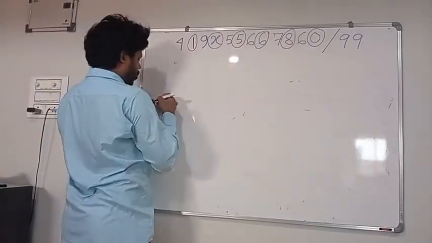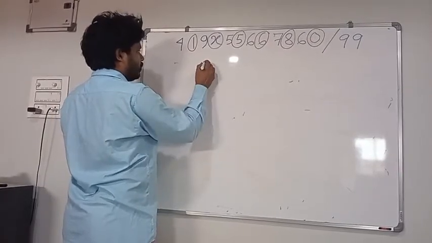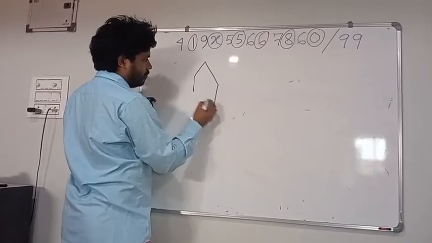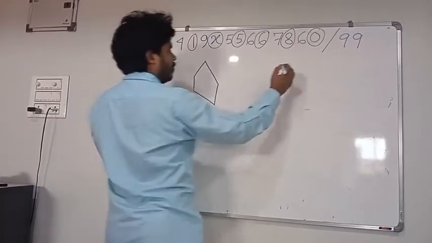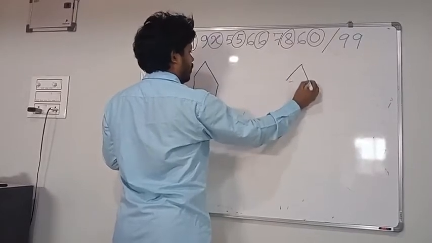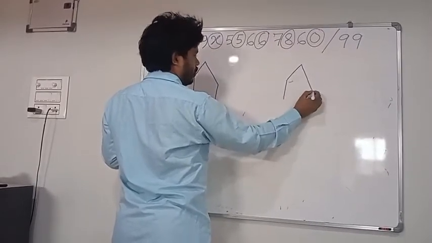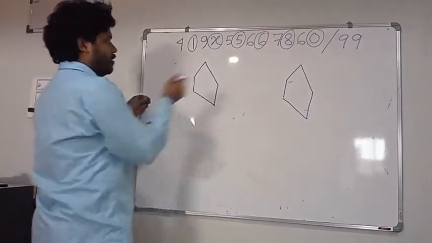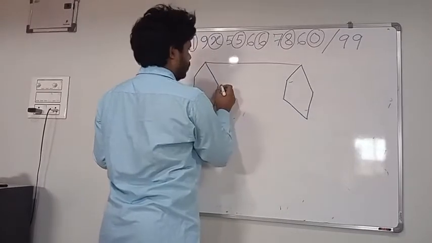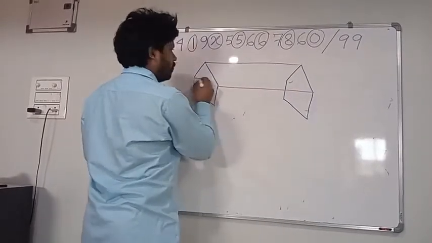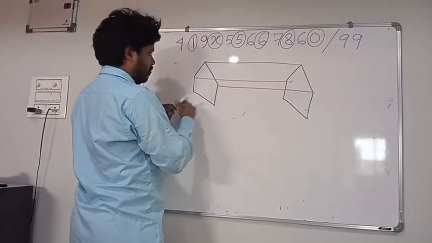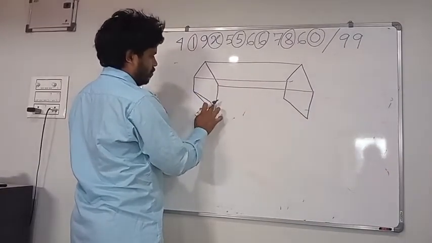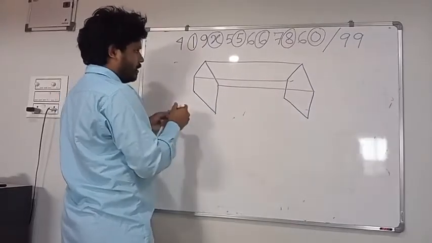Suppose this is the pentagon, and the vertices are joined.